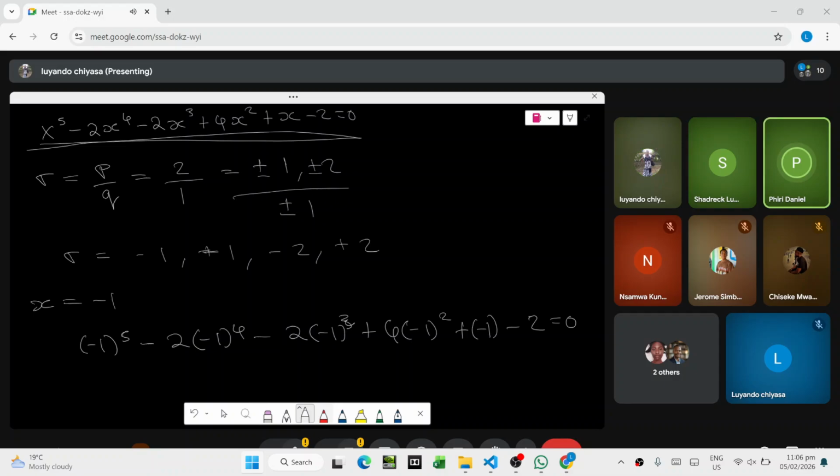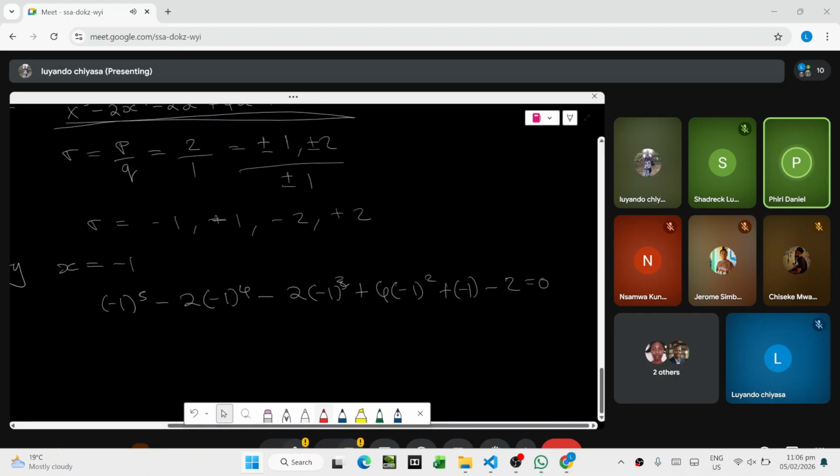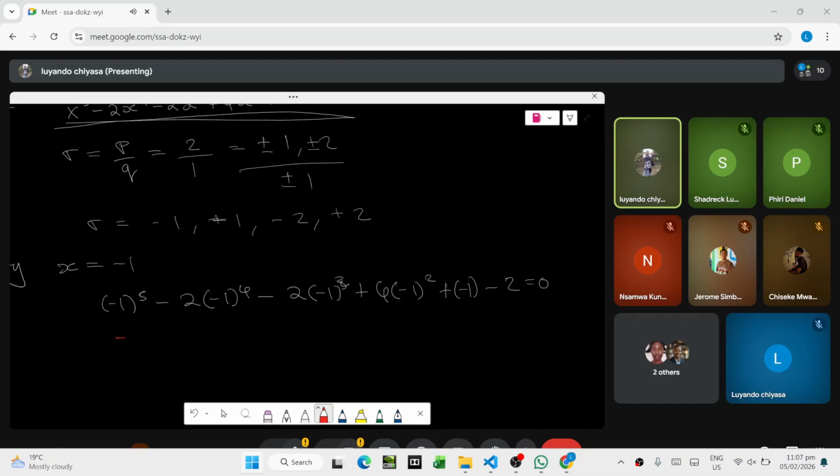Let's try this, negative 1. Okay, let's see what we're getting here. We'll get negative 1 minus 2 plus 2 plus 4 plus 4 minus 1 minus 2 is equal to 0.